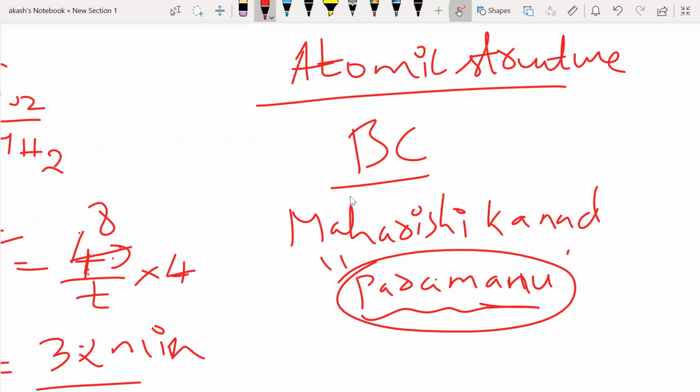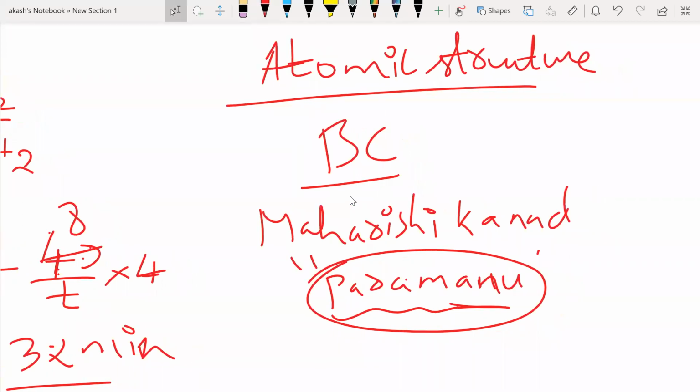I will see what Bohr told. Again, Bohr's theory had its own limitations. Then came the quantum mechanical theory, which we use till now. Unless some other scientist gives another theory, we are still going to follow this. Then we'll see everything in a little more detail.